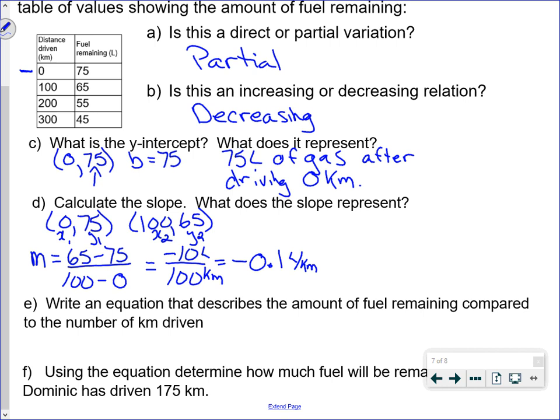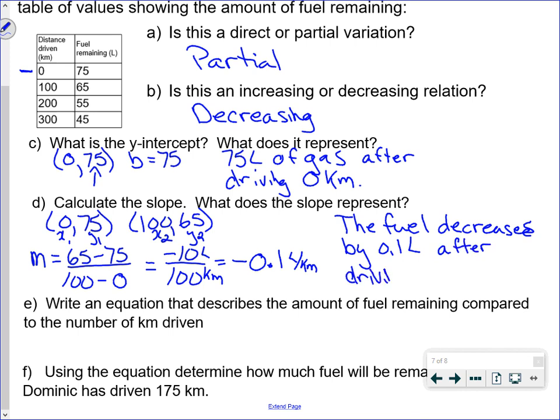So the slope tells us that for every 1 kilometer that's driven, the fuel decreases by 0.1 liters. So for every kilometer that is driven, the gas decreases by 0.1 liters.